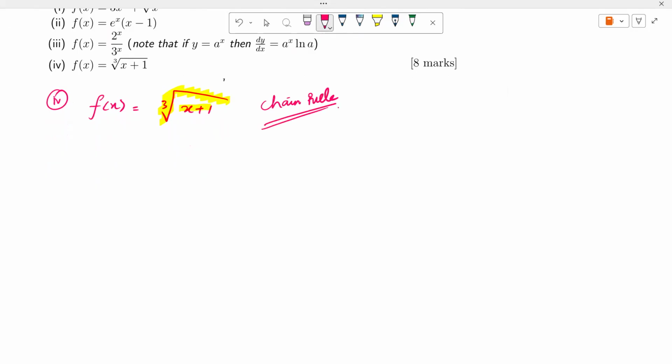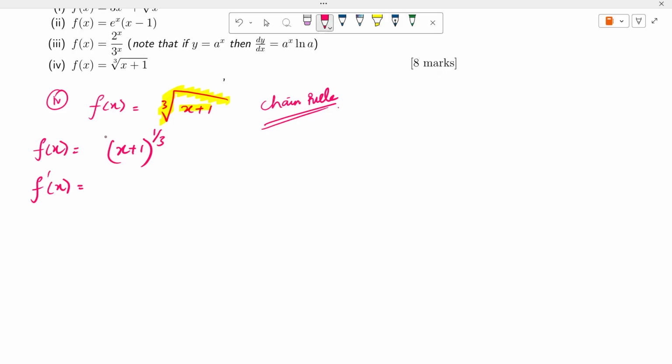Right? So let's take the derivative of the outer function, and then you will take the derivative of the inner function. My outer function is x plus one to the power 1 upon 3. A cubic root means the power is 1 upon 3, and square root means the power is 1 upon 2. Now let's apply the chain rule.